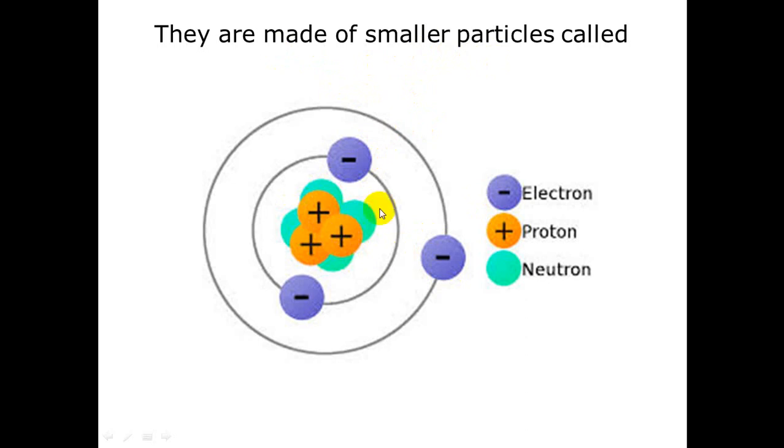Neutron and proton are inside the atom in the nucleus. But the electron is found in the space called the electron cloud. The most important thing to know is that atoms are made up of smaller particles called electrons, protons, and neutrons.